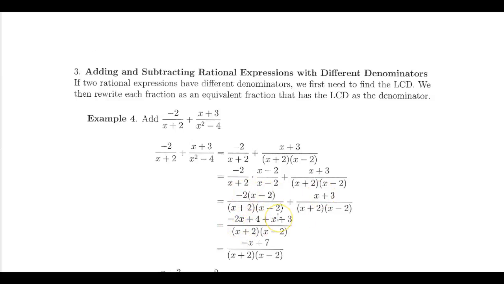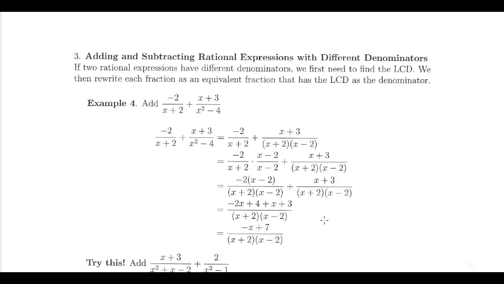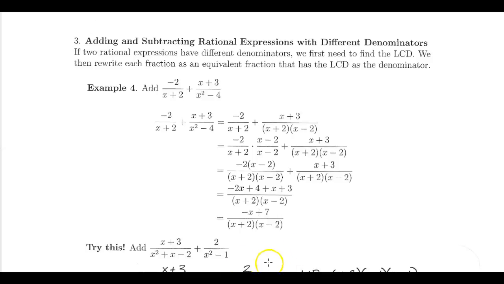I'm adding the x plus 3 from the second numerator, and I can simplify that numerator, so I have minus x plus 7 over x plus 2 times x minus 2. So I built up this first fraction, so I have a common denominator, and then I was able to add the numerators.